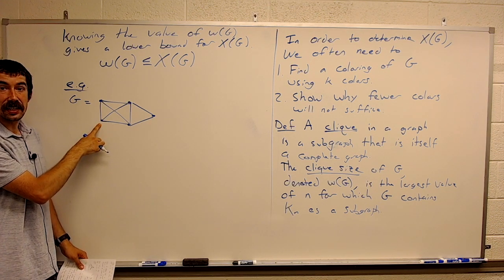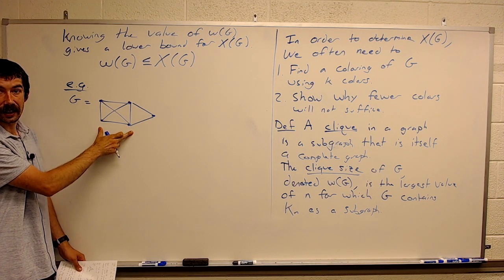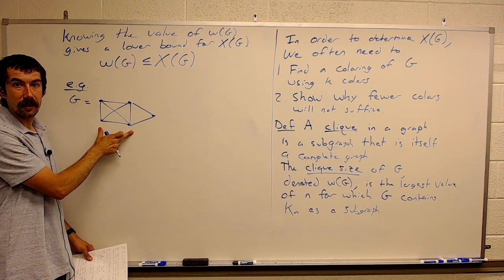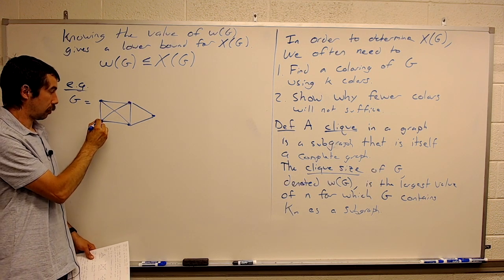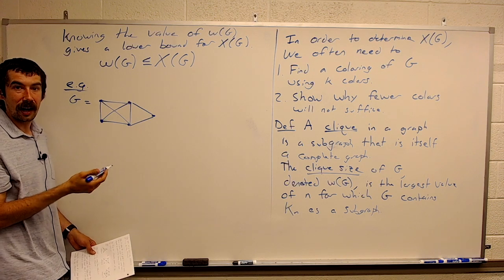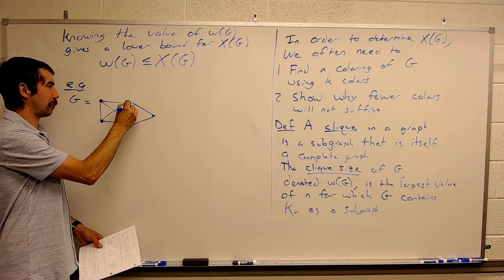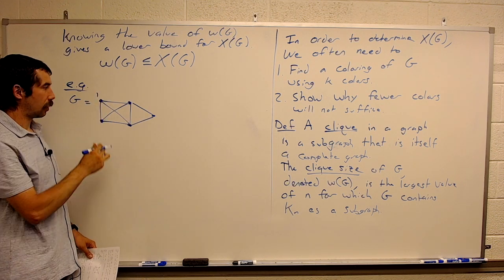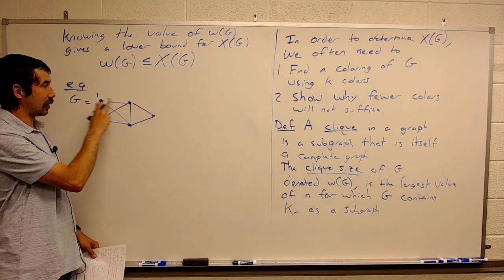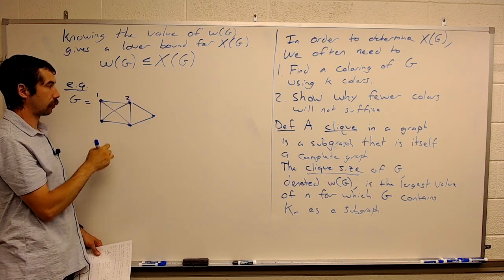Our clique size is 4. These 4 vertices on the left form a clique. They're all neighbors with each other. And so if we were to try to color this graph with fewer than 4 colors, we would run into some issues. Right? So let's say that's 1. And this vertex is neighbors with 1, so it can't be 1, so let's call it 2.